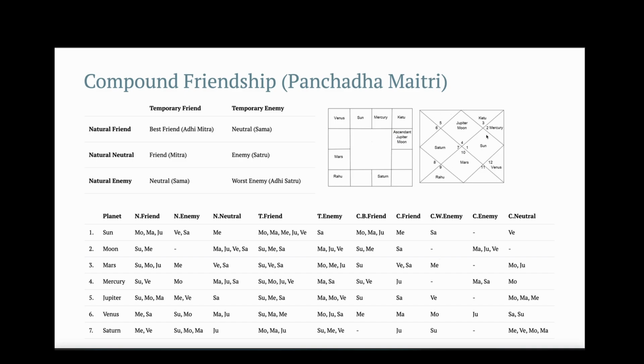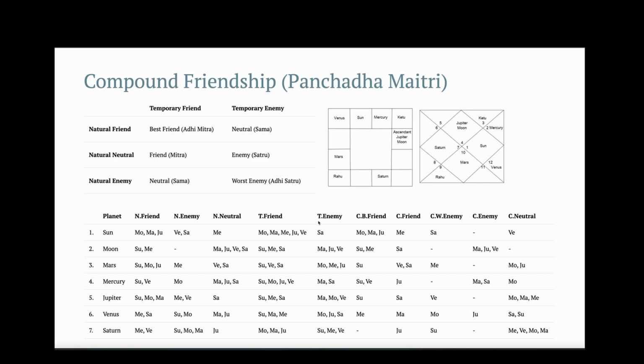For the example chart that we have, based on the compound friendship rule, we calculate this table. The natural friendship, enemy, and neutral are the same everywhere; it's the same for all charts. However, the temporary friendship and enmity are different for different charts. Each chart will have different temporary friends and enemies for each planet, solely based on the position of the planets in the chart.